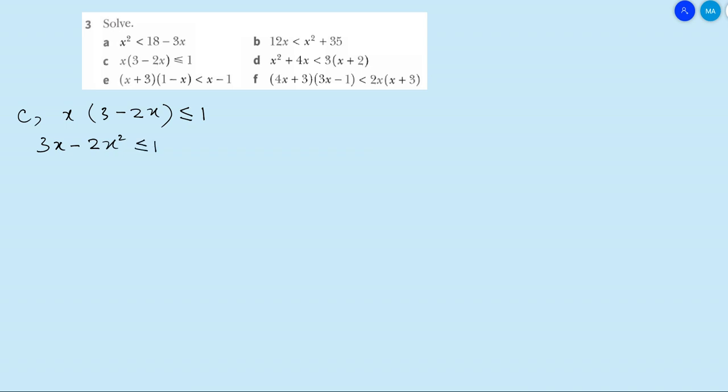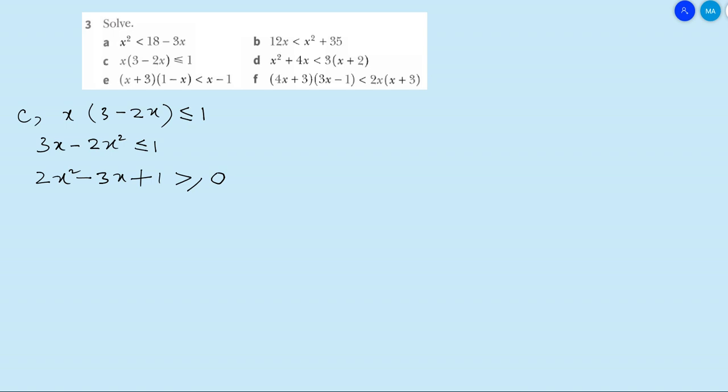Now shift 3x minus 2x square to the right hand side. So minus 2x square becomes plus 2x square, plus 3x becomes minus 3x, and plus 1 remains plus 1, and this will be greater than or equal to 0, because if 3x minus 2x square is shifted to the other side, there should be 0 on the left hand side, and the sign will be the same, greater than or equal to.